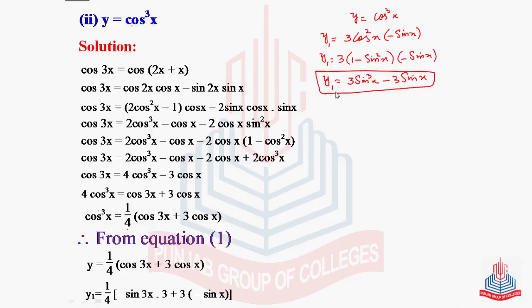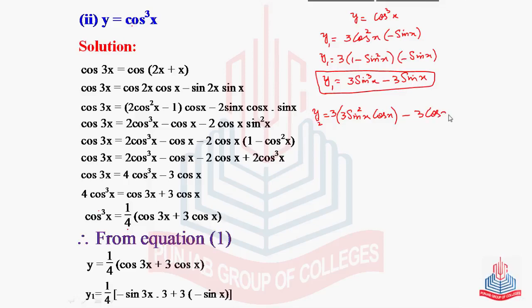In the same process, we differentiate y1 to get y2. The derivative of 3 sine cube x: 3 is the constant term, the derivative of sine cube will be 3 sine square x, using the power theorem, and the derivative of sine x is cos x. Then minus 3 sine x, whose derivative will become cos x.